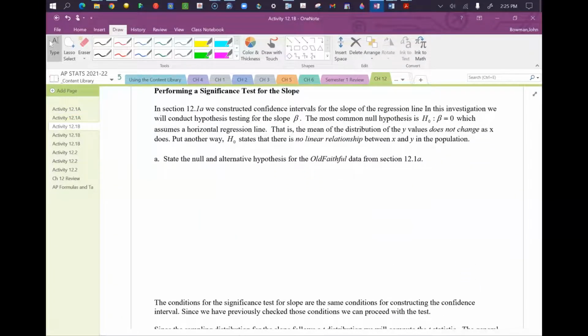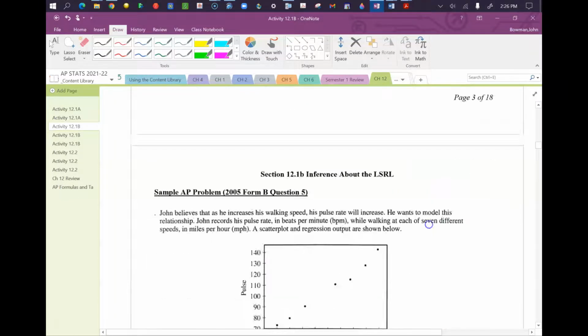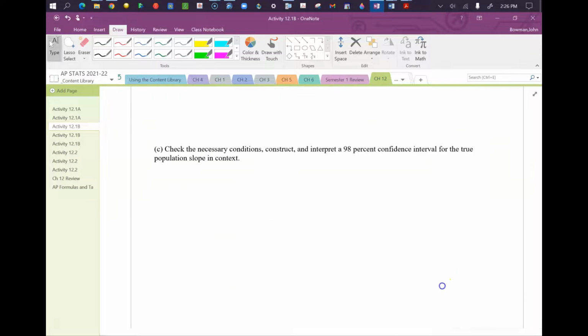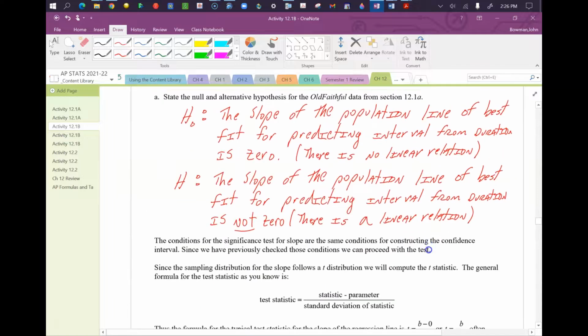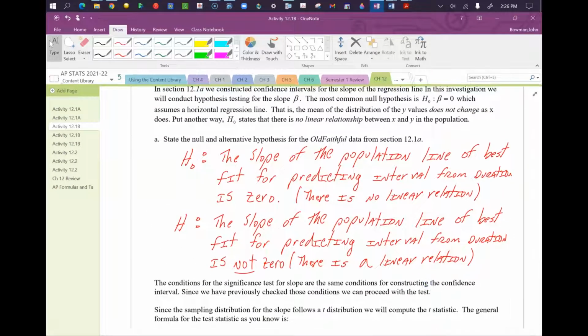In this case, the null and alternative hypotheses for our Old Faithful data would be the following. The null hypothesis is that the slope of the population line of best fit for predicting interval from duration is 0.